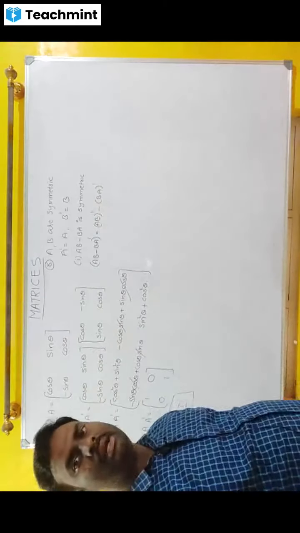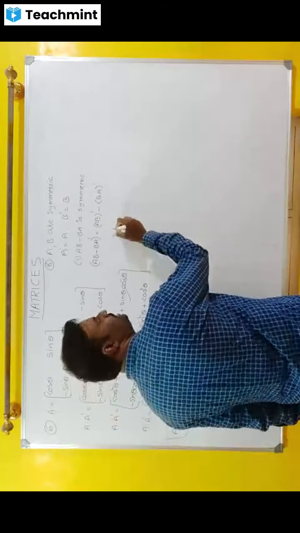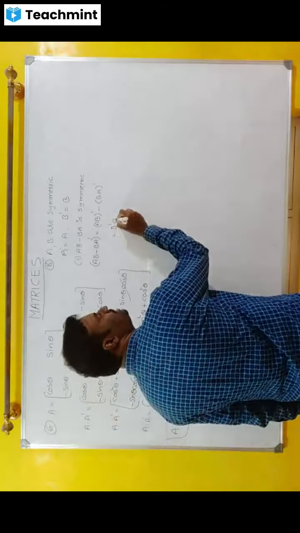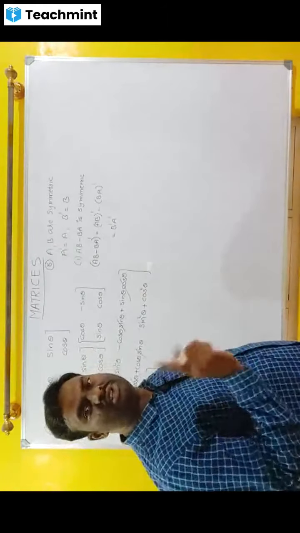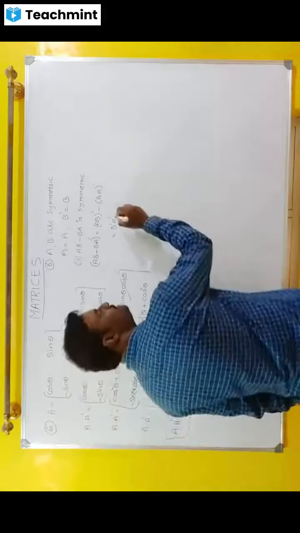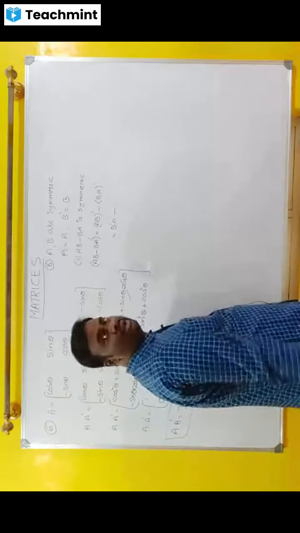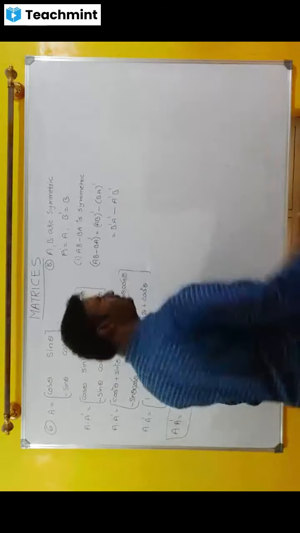What is the formula for AB whole dash? B dash into A dash. First you need to take the second matrix, later the first matrix: B dash into A dash. Similarly, what is the formula for BA whole dash? A dash into B dash.